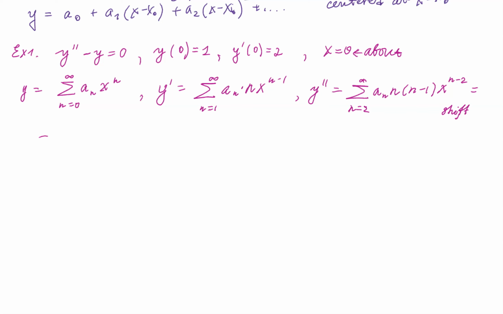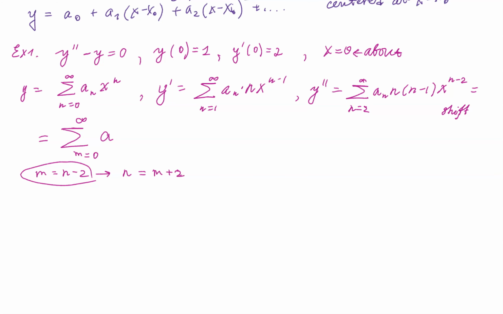So what is it going to give me? Well, normally, guys, we're supposed to say m equals n minus 2 and go to the index m, because if you plug in n equals 2 here, it's going to give you from 0 to infinity now, and from this little equation over here, n equals m plus 2.